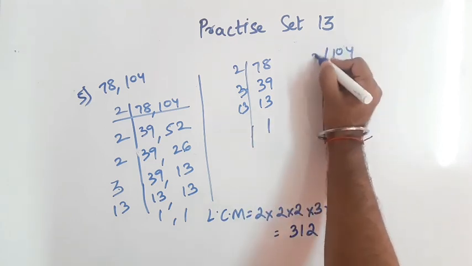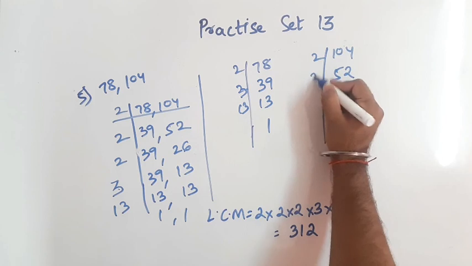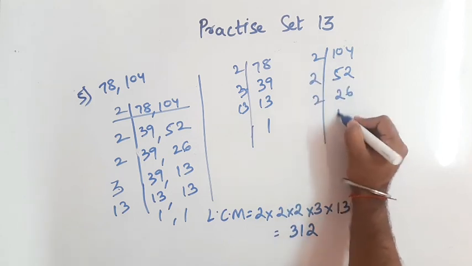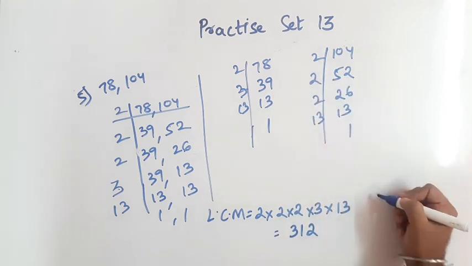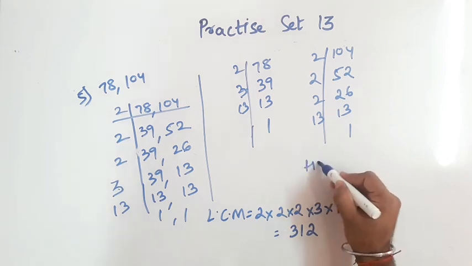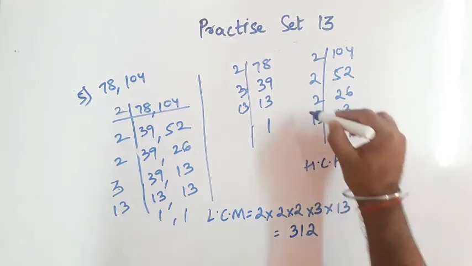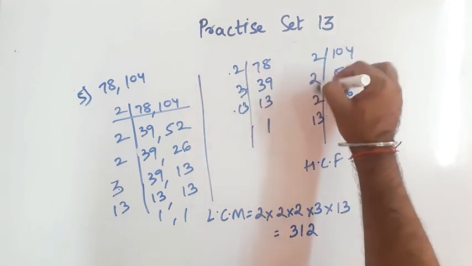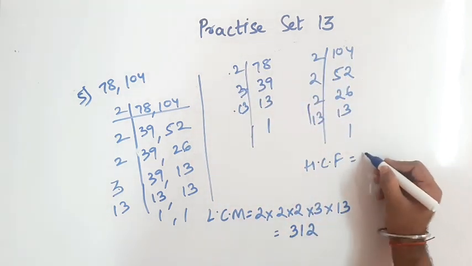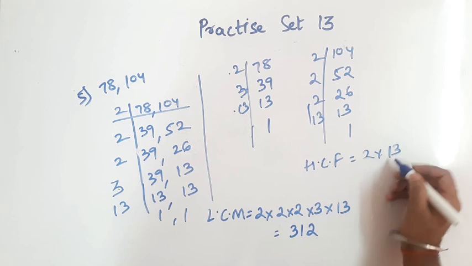And you have here 104: 2, 52, 2, 26, 2, 13 and 13 ones are 13. So you can see your HCF here is 2 into 13.